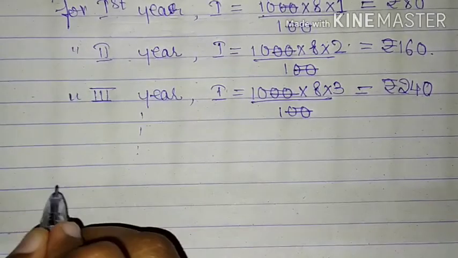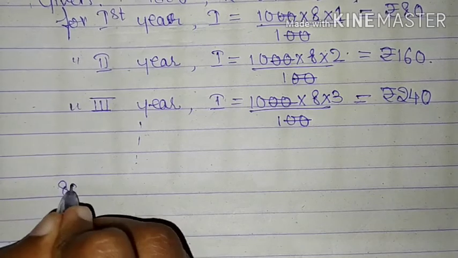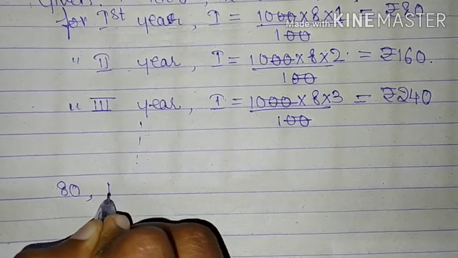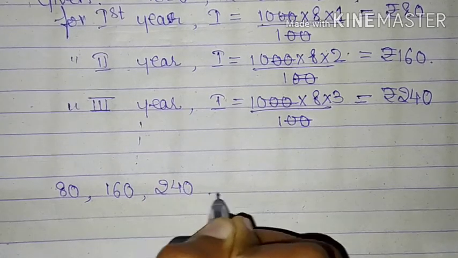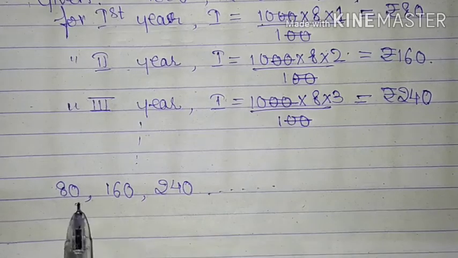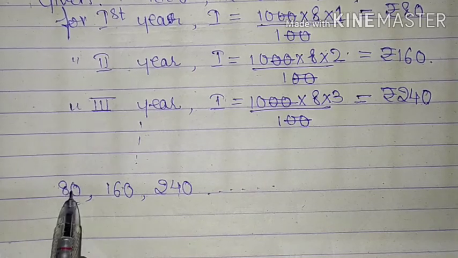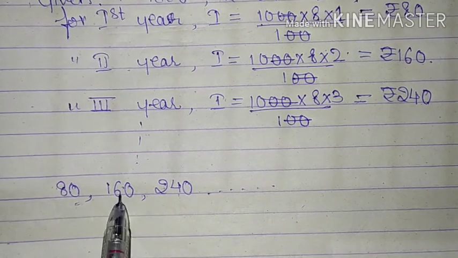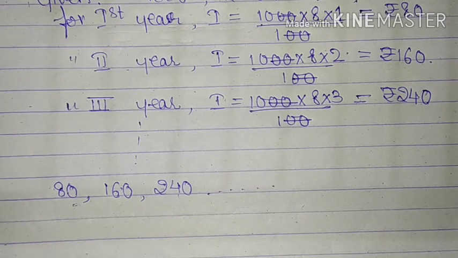Now let us look if this forms an AP. The interest rates are 80, 160, 240 and so on, and obviously they form an AP. If you look at the differences, 160 minus 80, 80, 240 minus 160, 80. There is a difference of rupees 80 every year, so it forms an AP.